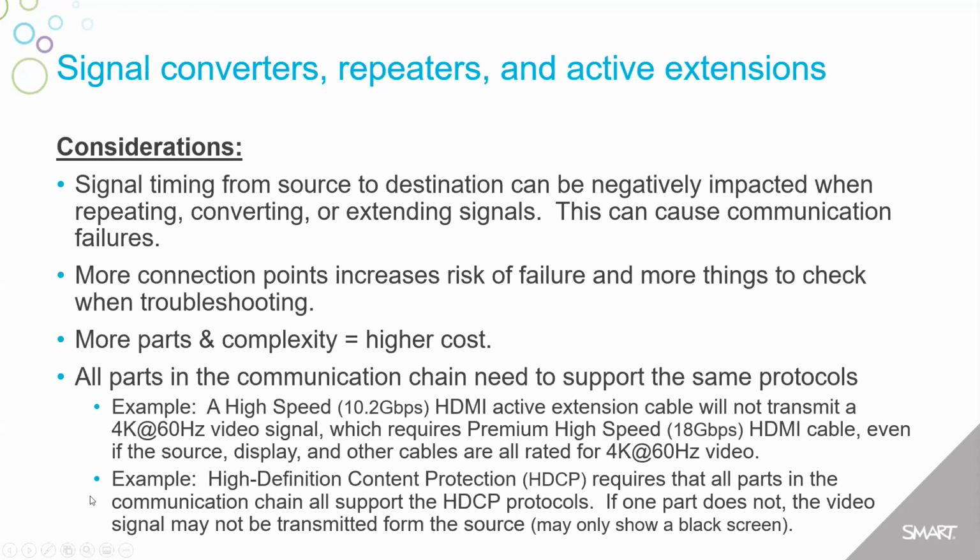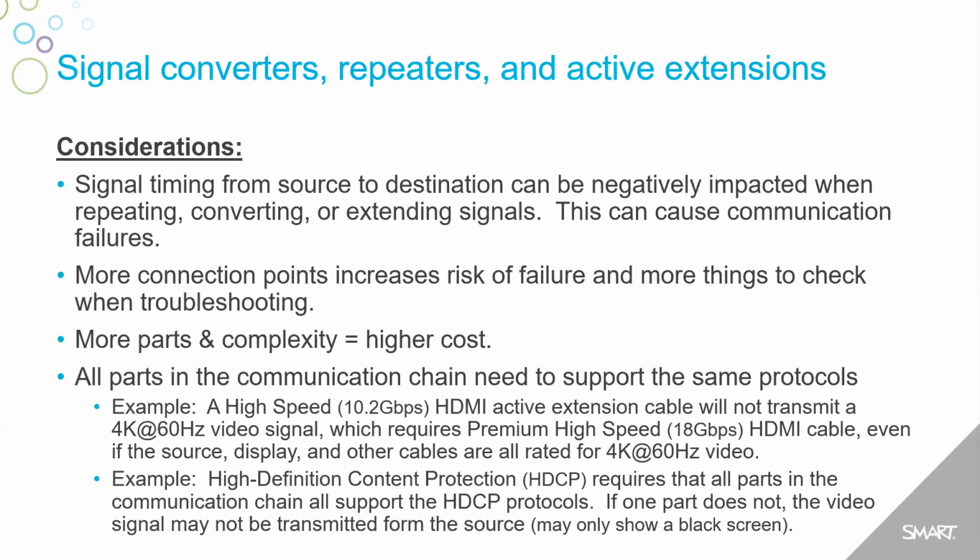In addition, high definition content protection requires that all parts in the communication chain all support high definition content protection. We took a look at a passive extender wall plate in a previous slide. Obviously, that doesn't support high definition content protection. It may carry the signal just fine, and it may work just fine.